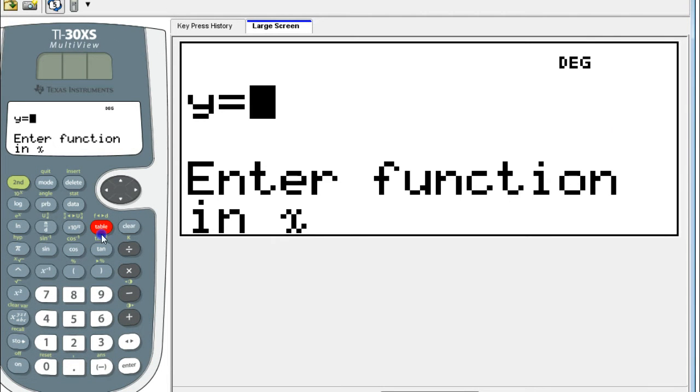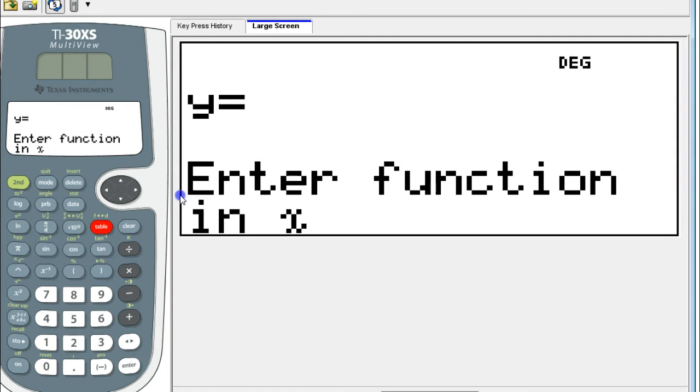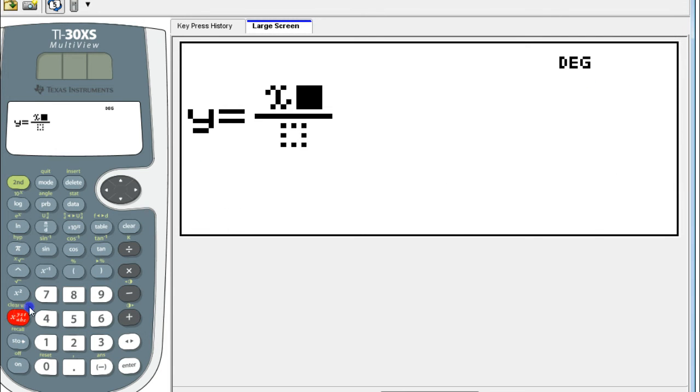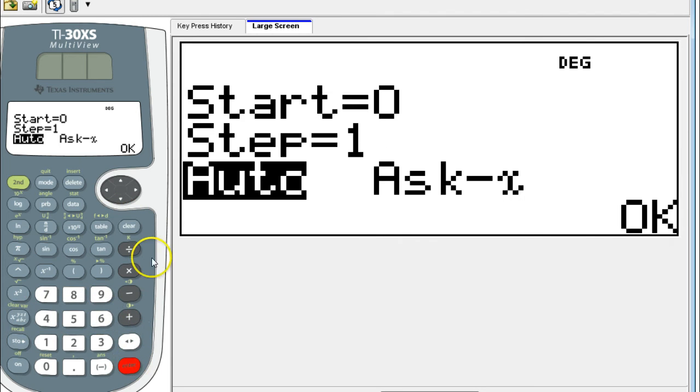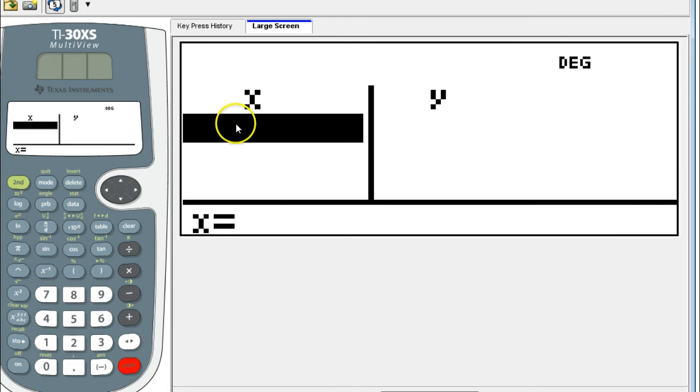What you would do is you would go to your table and you would type in this function, x over x plus 5, or whatever it may be. If you have that and you put your calculator in Ask X mode, then you can evaluate at any value you want.